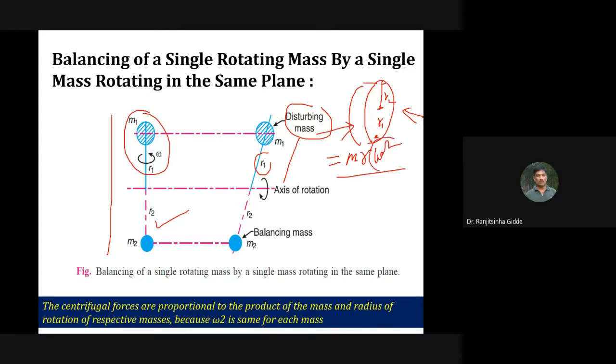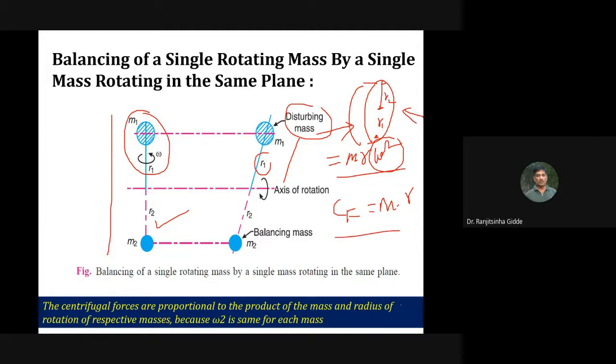As both masses rotate with the same angular velocity, this can be neglected. Therefore CF is equal to m into r, so that is important.